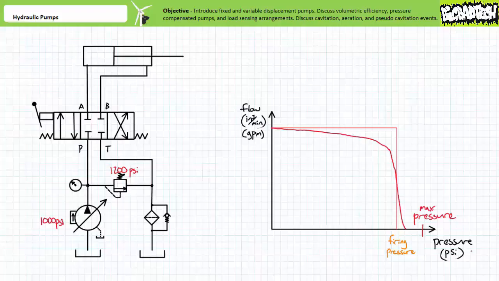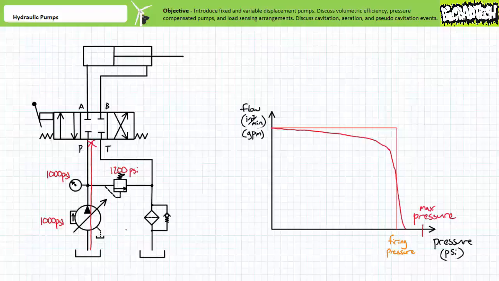When the directional control valve is in the closed center position, pressure rises to that of the compensator, at which time the pump destrokes to 0 gallons per minute. Pressure upstream of the directional control valve is 1,000 psi, but static, and no additional flow is piling up behind it like an English soccer riot.